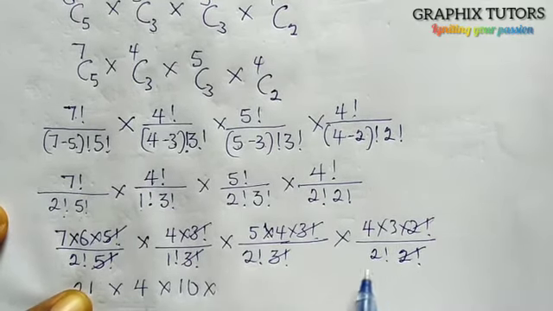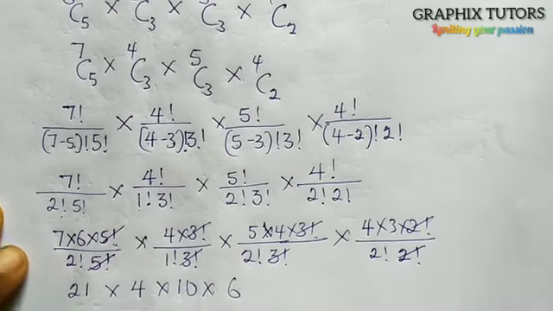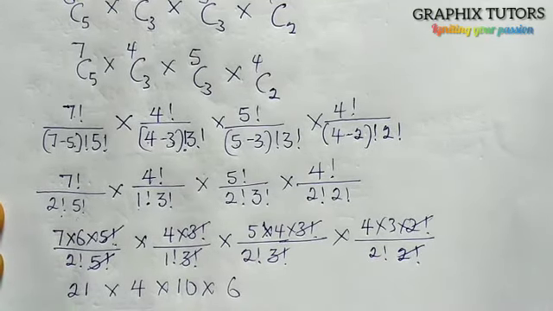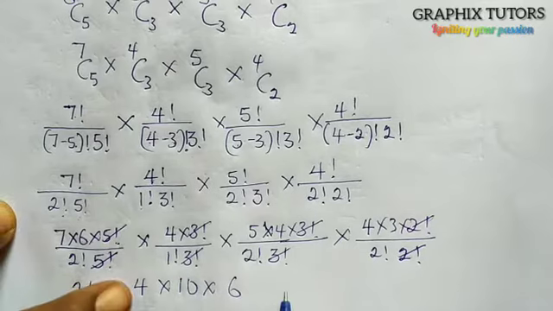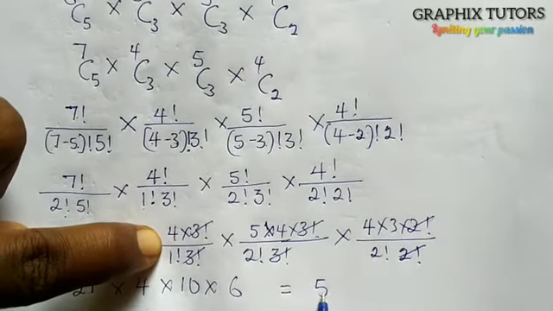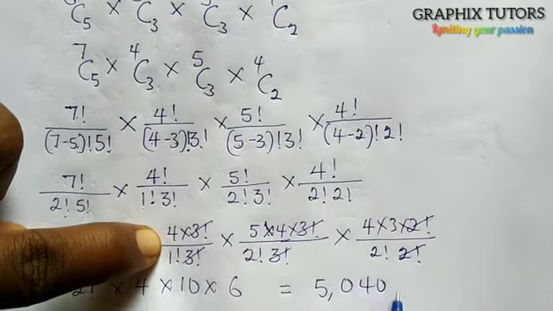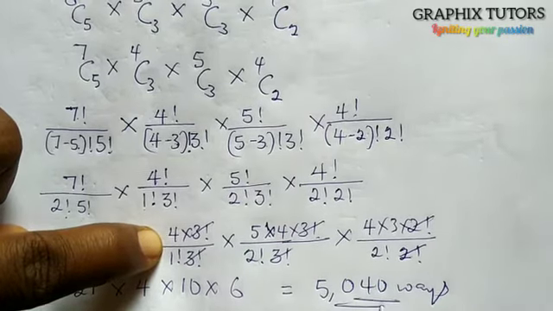Multiply by 4 times 3 is 12 divided by 2 is 6. So if we put it 21, 6 times 10 is 60. 60 times 4 will give us 240 times 21 will give us what? 5040. So our final value gives us 5,040 ways. So that is my answer.